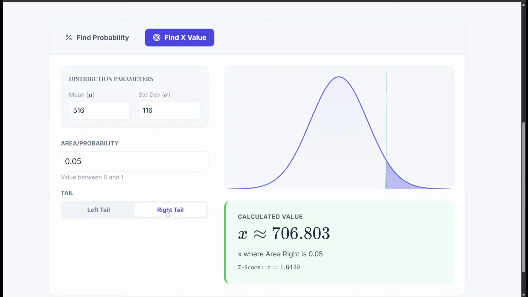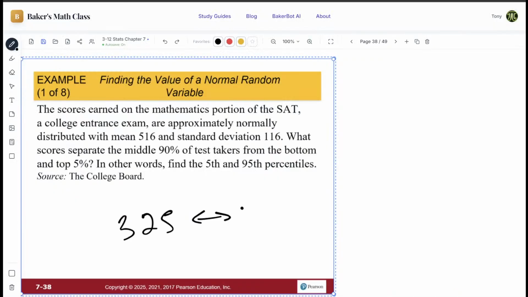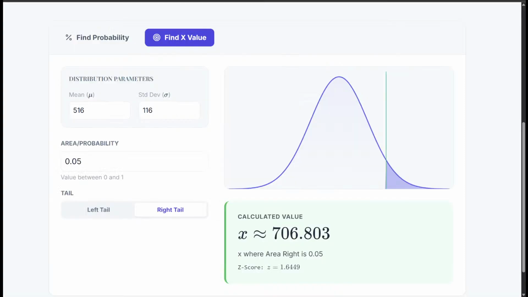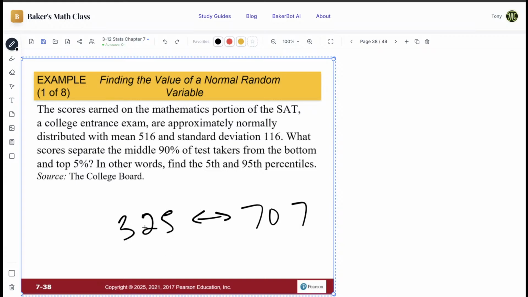And if I click right tail, that now gives me the 5% on the other side. So that goes up to 707. And if I took 5% from both sides, I have exactly 90% left in the middle. So it'd be 325 to 707. Okay.